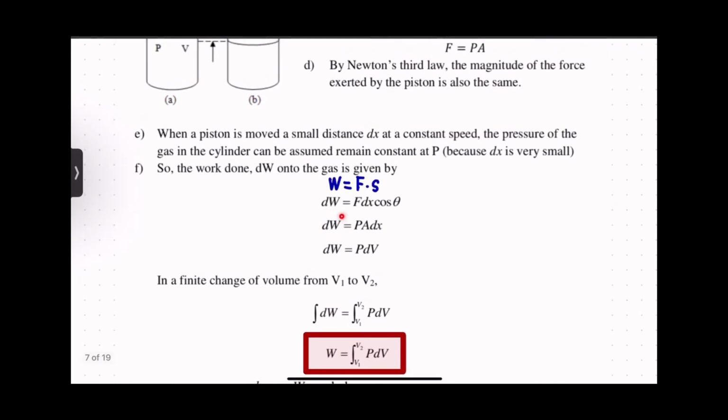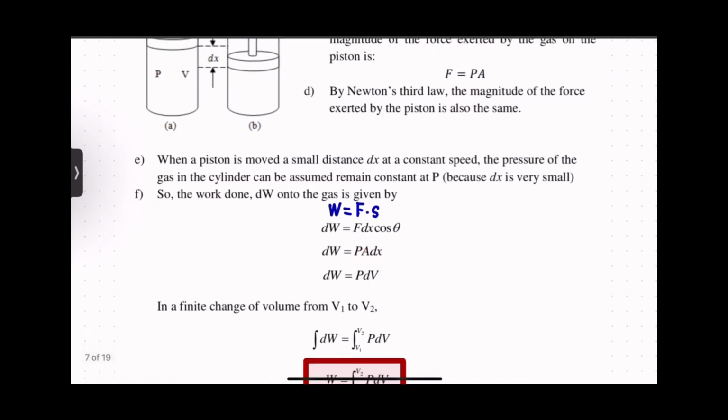Okay, change of work, delta W, is equal to PA, which comes from force equal to PA, times dx. Substitute force equal to pressure times area, and dx. As we know, area times dx means a certain position x, a certain length.